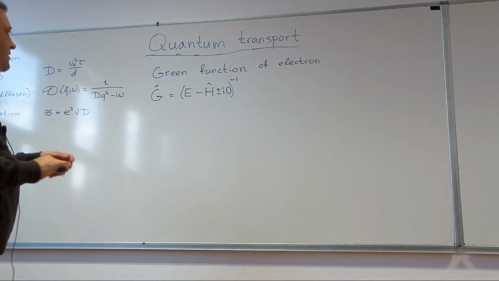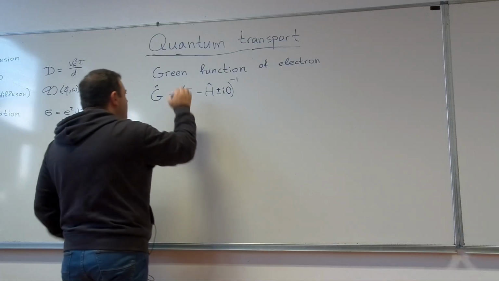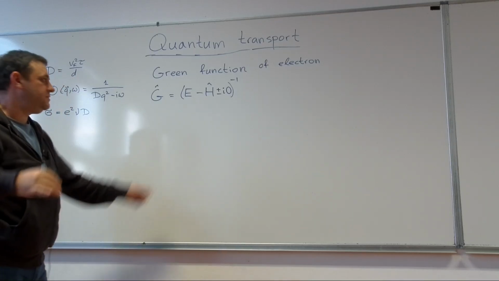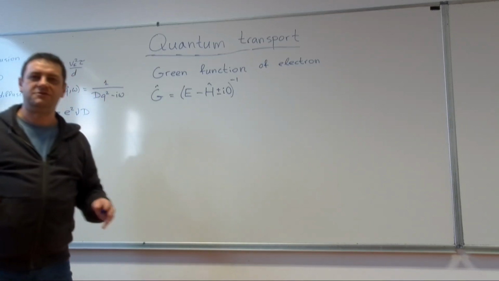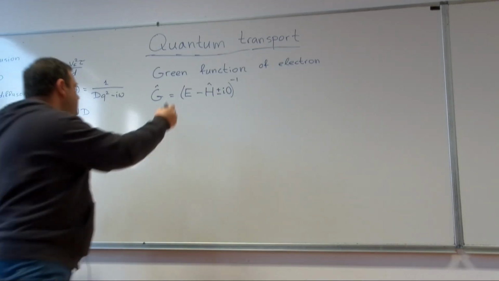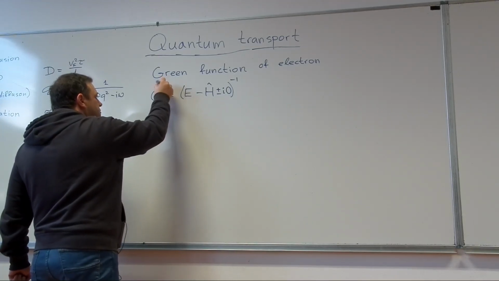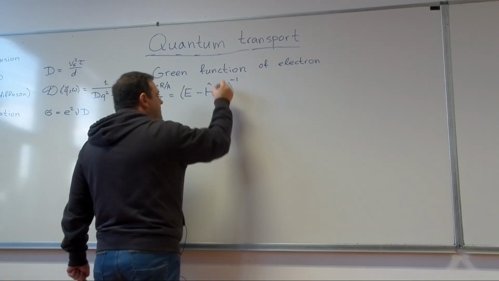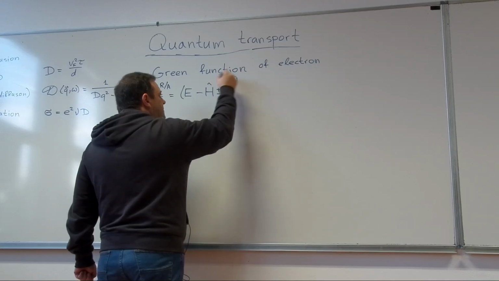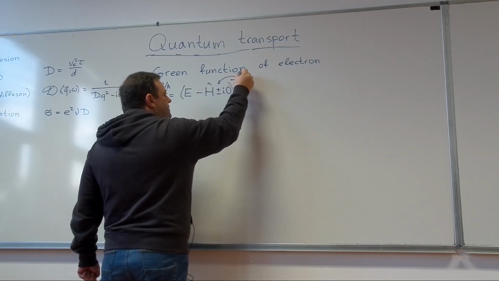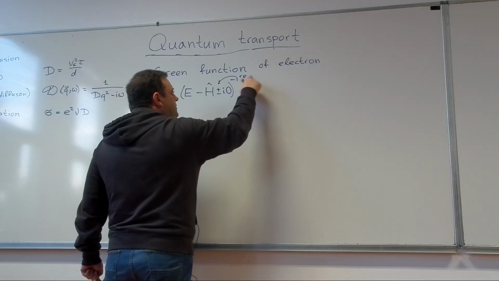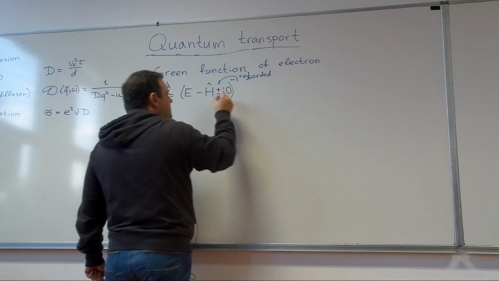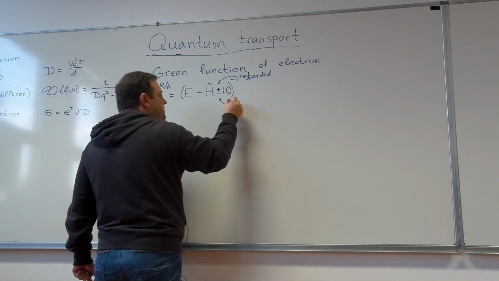If we add plus i0, it's called the retarded Green function, and if we subtract, it's called the advanced Green function. And we put the index R or A: this sign here means retarded, and this sign here means advanced.